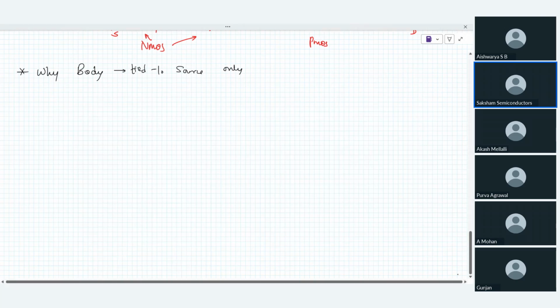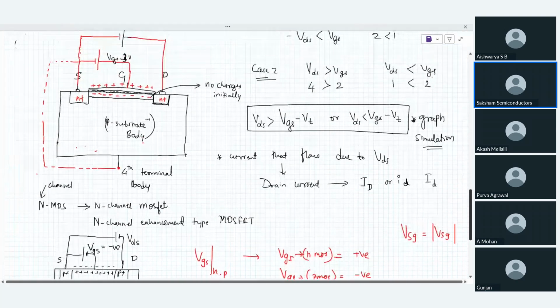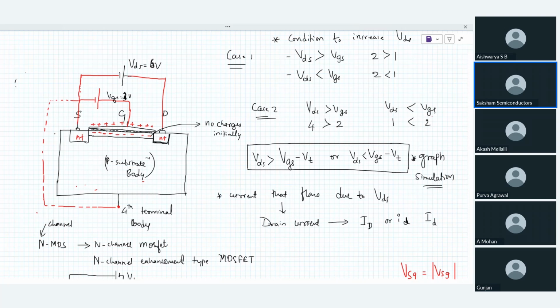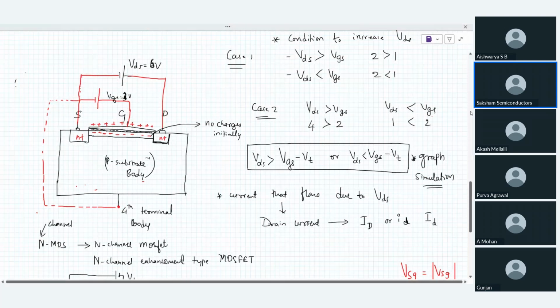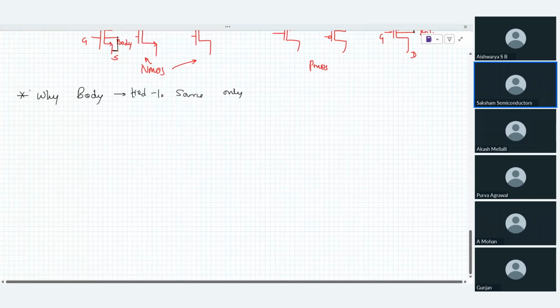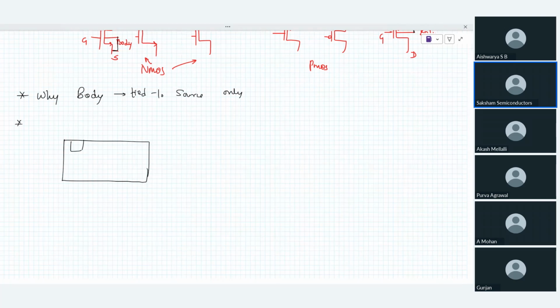Specifically, if I consider my NMOS, the body is connected to the most negative potential of the entire MOSFET, and the most negative potential is, as of now, the source, and that's why I call it the source. So what is the reason behind that? We'll try to address that. These are the two very important questions, the concepts you should be able to understand.